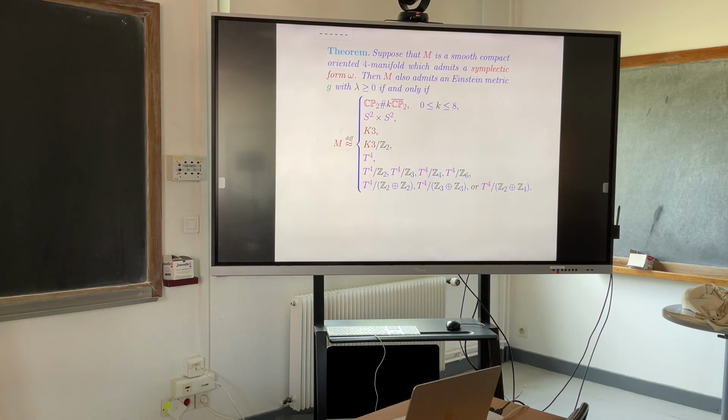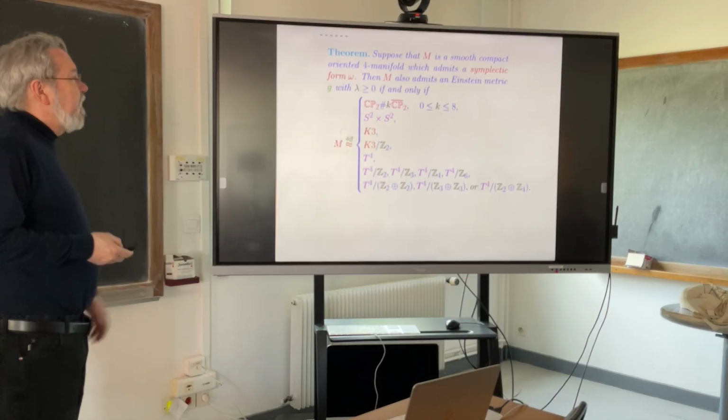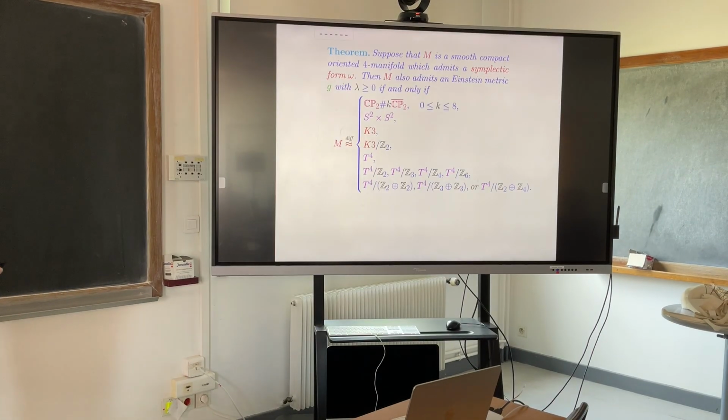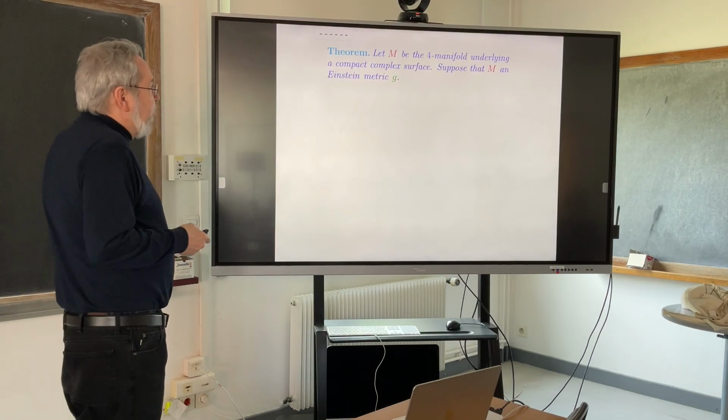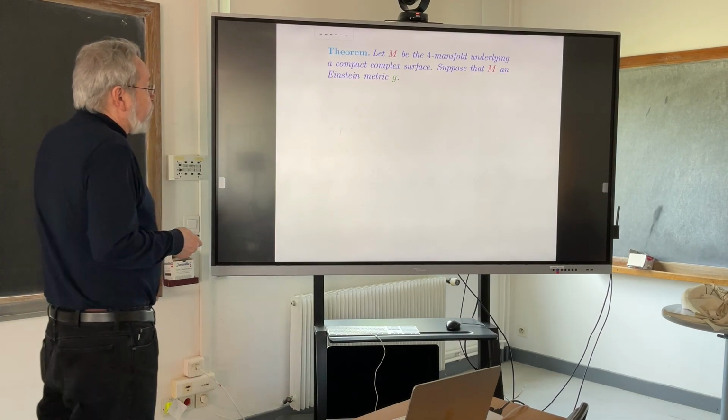So not every Del Pezzo surface admits a Kähler-Einstein metric. There are two that don't, but those turn out to still admit preferred Einstein metrics, namely metrics that are conformally Kähler.